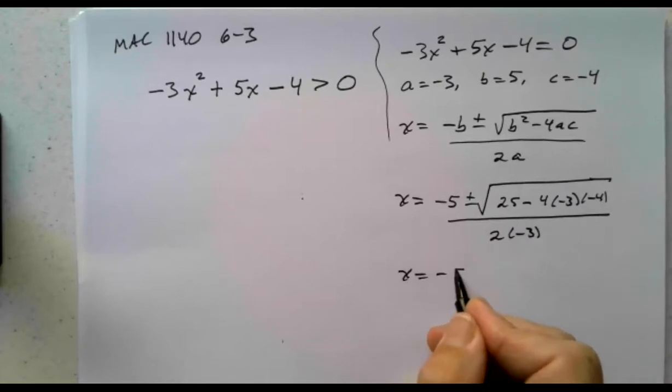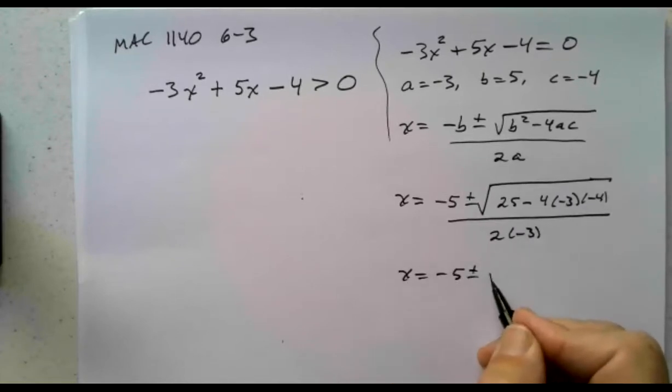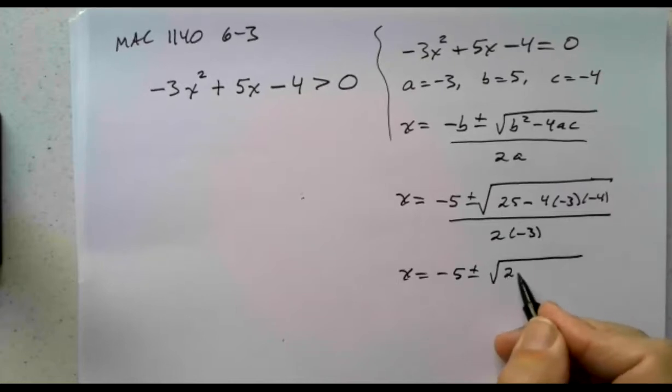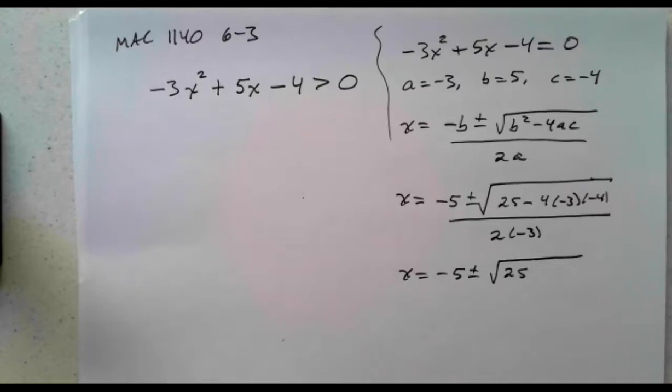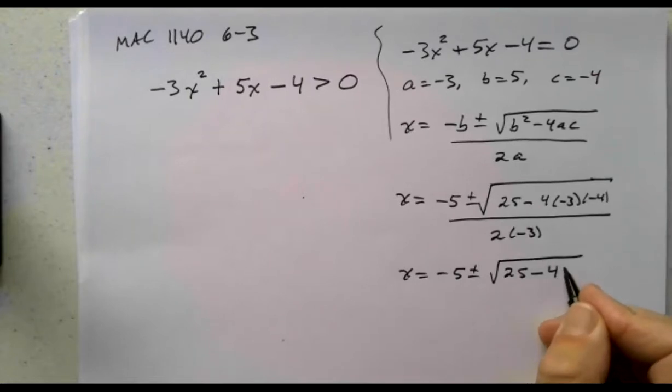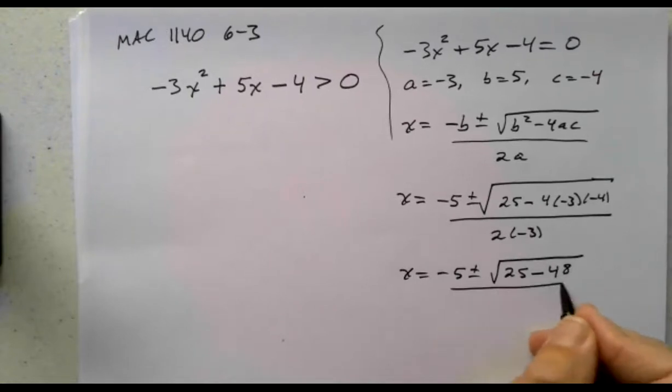So I get x equals negative 5 plus or minus the square root of what? Of 25. Negative 4 times negative 3 times negative 4 is going to be what? Minus 48 over negative 6.